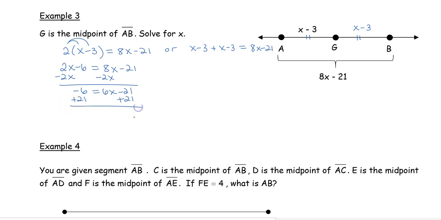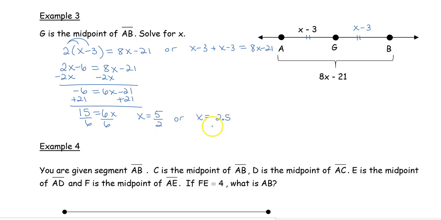We always do the opposite operation. So a negative 6 plus 21 is going to leave us with 15 equals 6x. We divide by 6. And it's not a perfect number, but we can reduce our fraction. They both divide by 3, so x is equal to 5 halves. Or you could also write that x is going to be equal to 2.5.